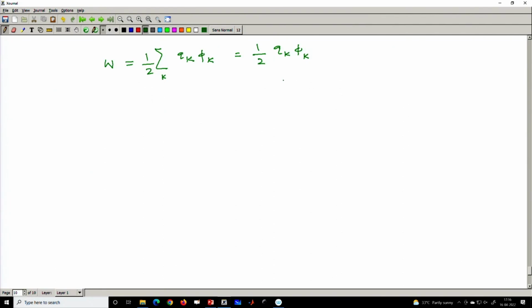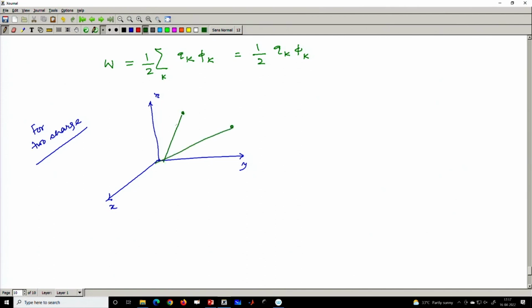Okay, so what happens for two charges? Suppose these two charges are placed in the coordinate system at two different points, say this is q1 and q2, at r1 and r2.